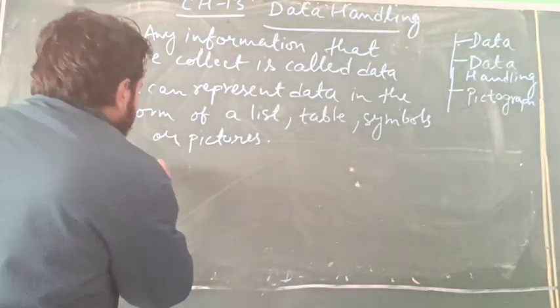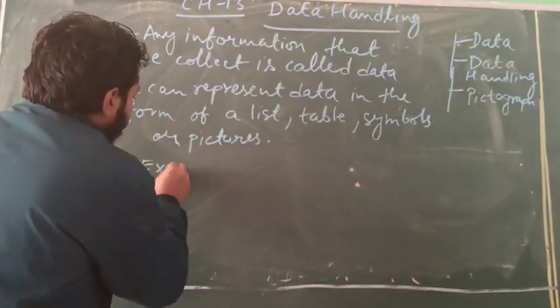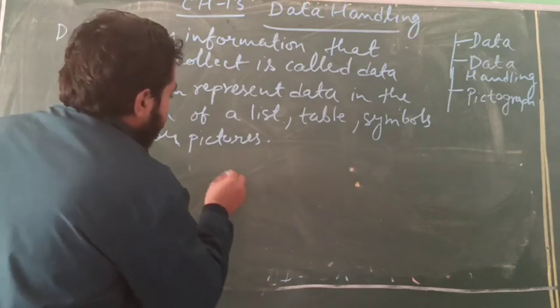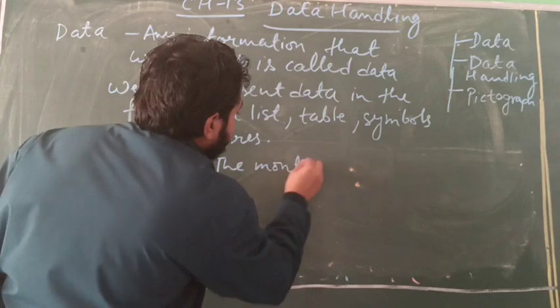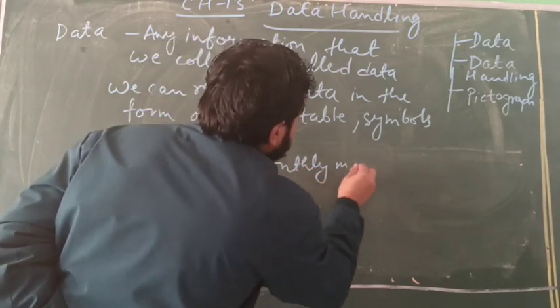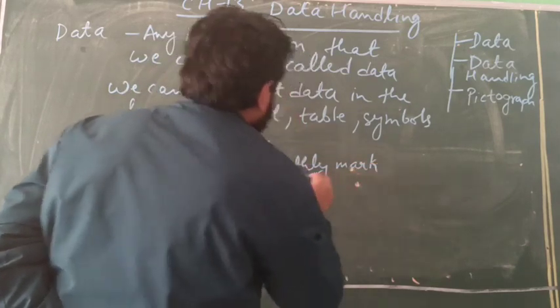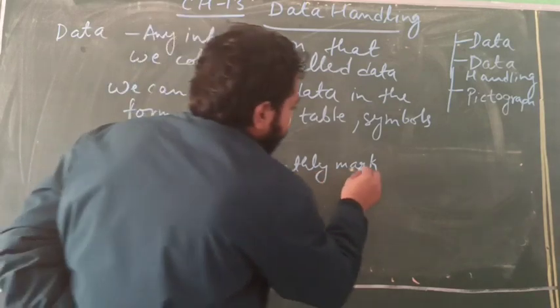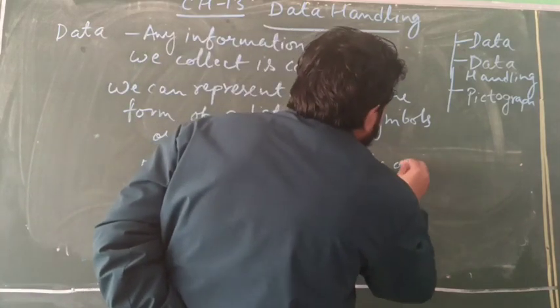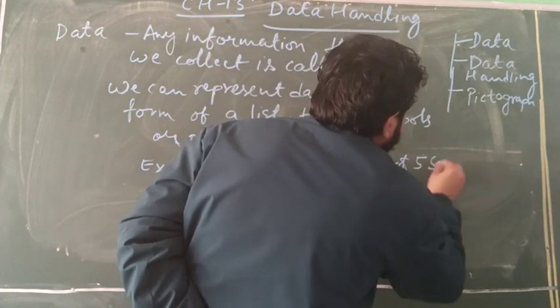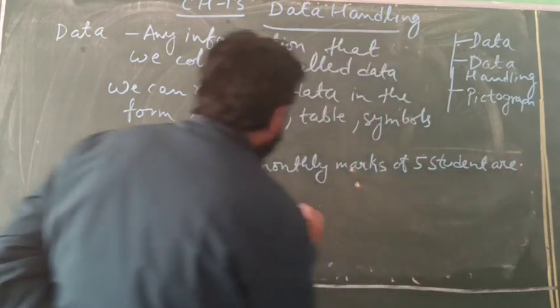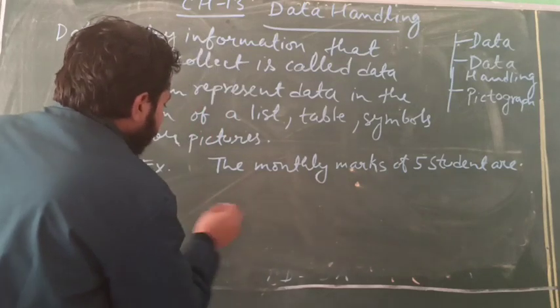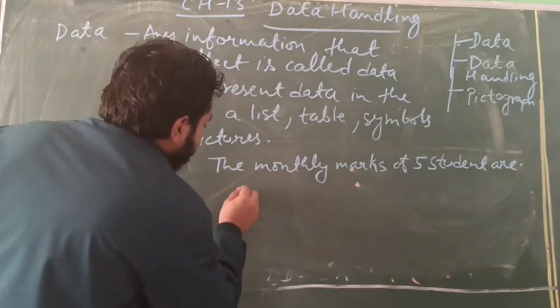Take the example of data, like the monthly marks of 5 students, out of 50.